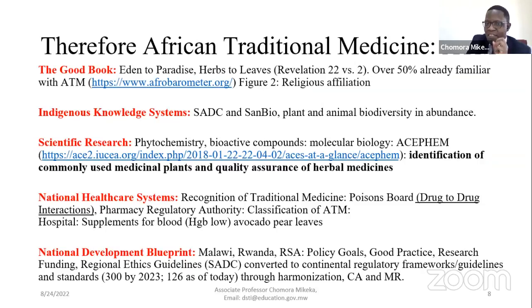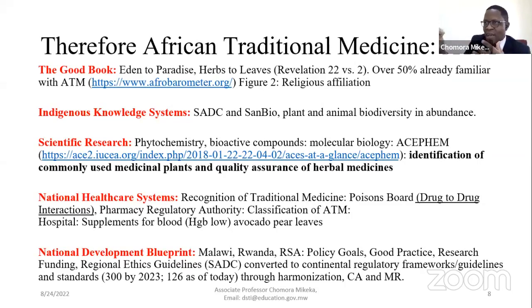National healthcare systems in some of the member states which I've studied, as I'm concluding, do recognize traditional medicine in their sector-based policies. Sometimes there's even a national policy on traditional medicine. Some of them have poisons boards or pharmacy regulatory authorities which, working with the responsible sector, for example the Ministry of Health, are able to look at issues of drug-to-drug interaction.